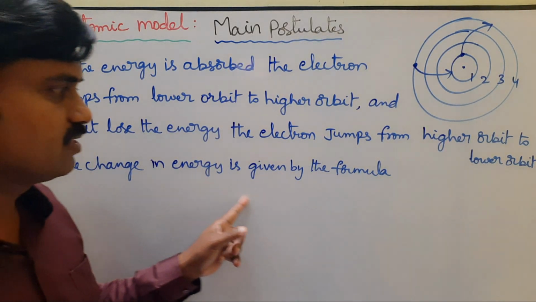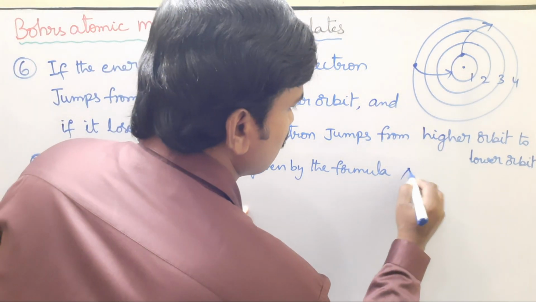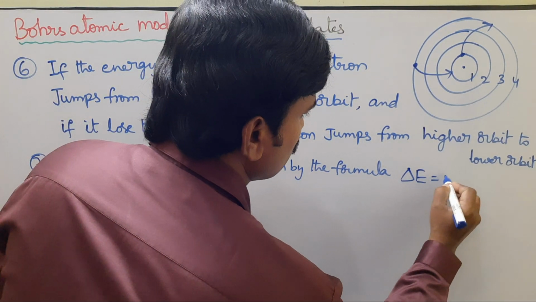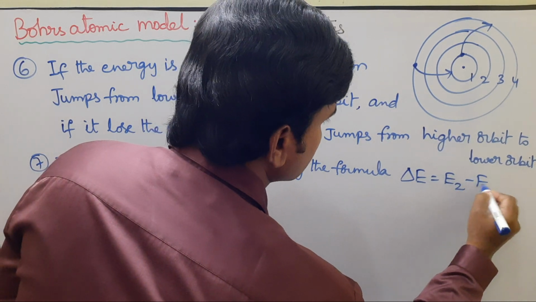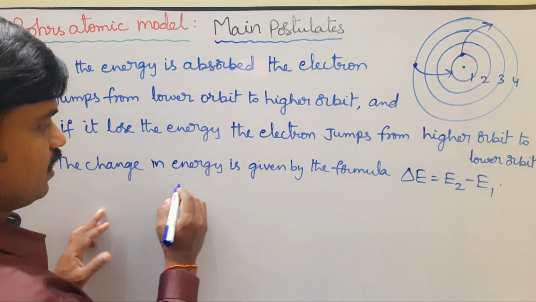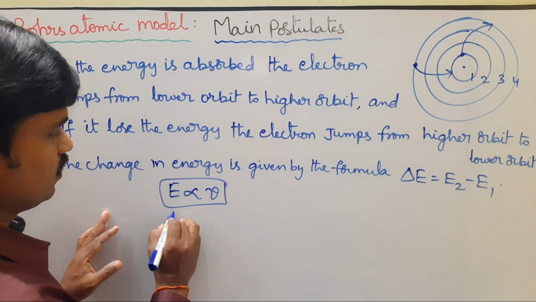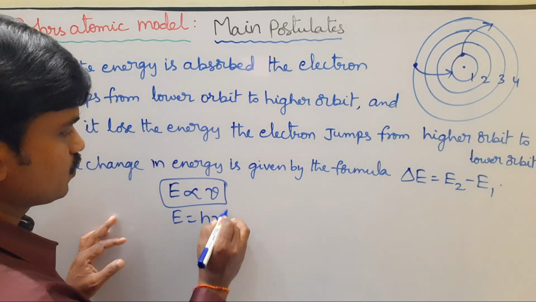Look at the next point. The change in energy is given by the formula delta E is equal to E2 minus E1. According to Planck's quantum theory, energy E is directly proportional to frequency, so E is equal to h nu.